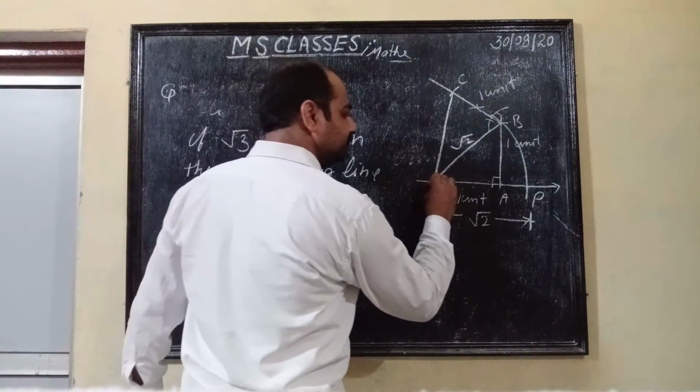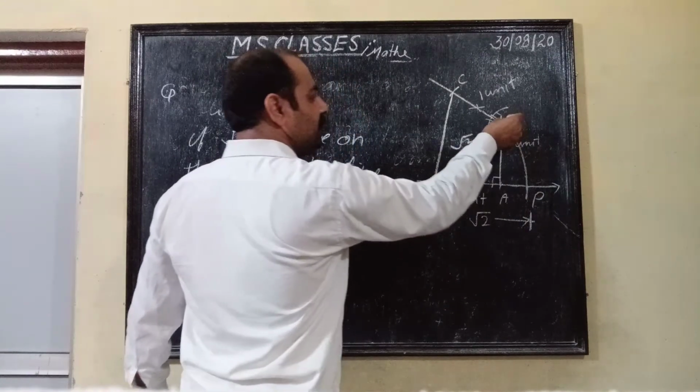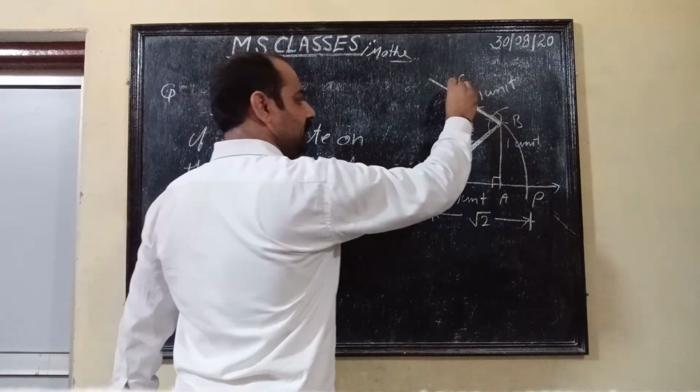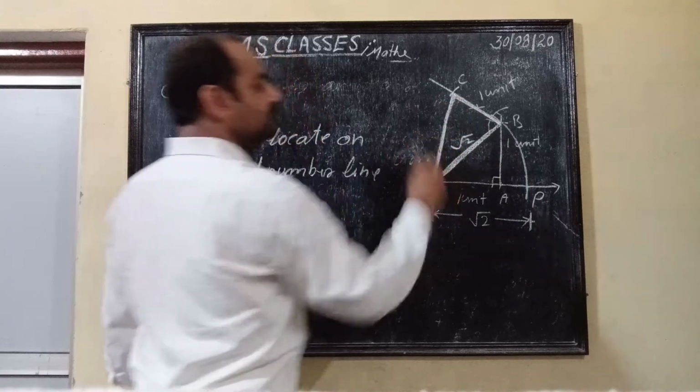Again we have a right angle triangle OBC.